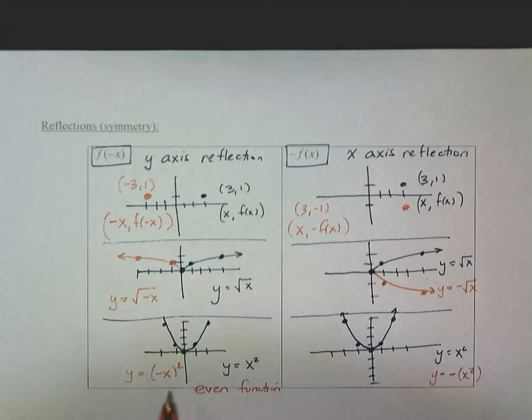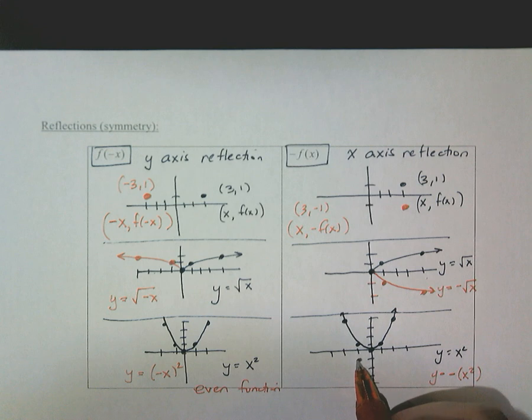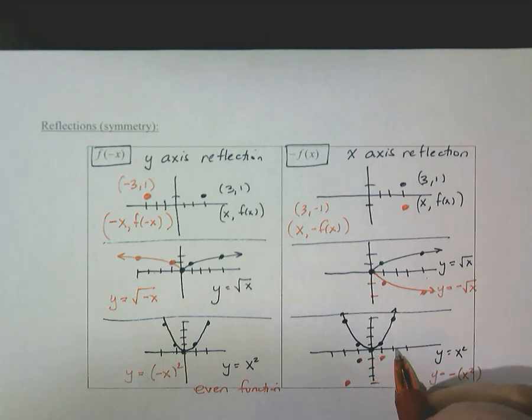The difference: before, the negative was inside with the x and then squared. This one, the x is squared and then the negative is on the outside. So it means I'm going to change all the y values. So (0, 0) stays (0, 0). (1, 1) becomes (1, negative 1). (negative 2, 4) becomes (negative 2, negative 4). And this reflects down this way.